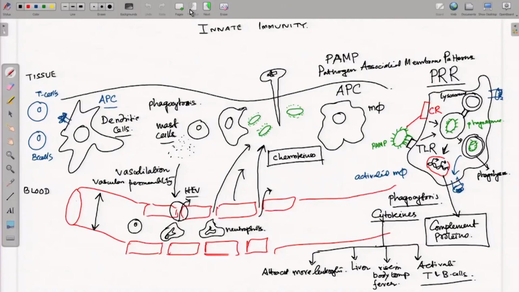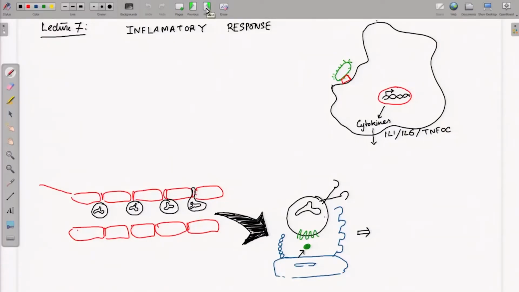Let us for the time being leave this picture here, whatever we have seen in the last class, and move on to the next page and see what actually happens during an inflammatory response.